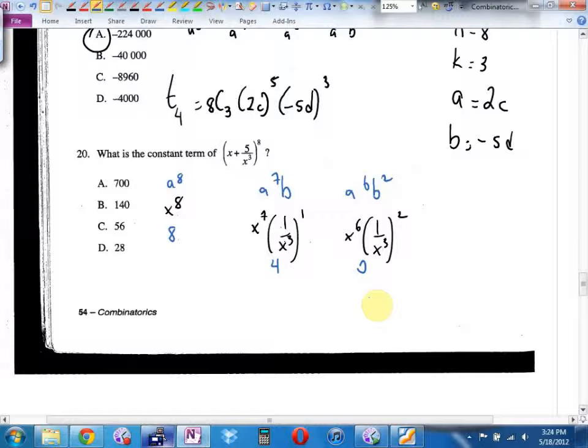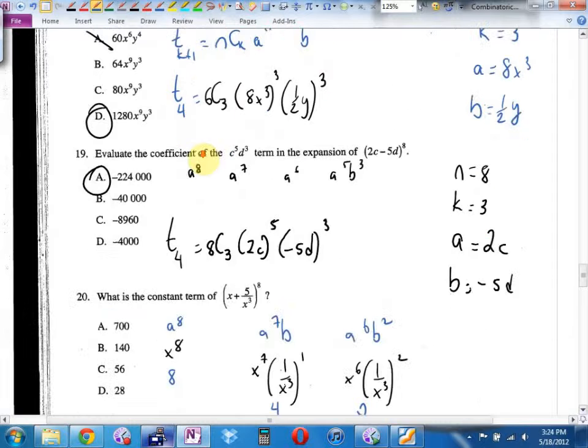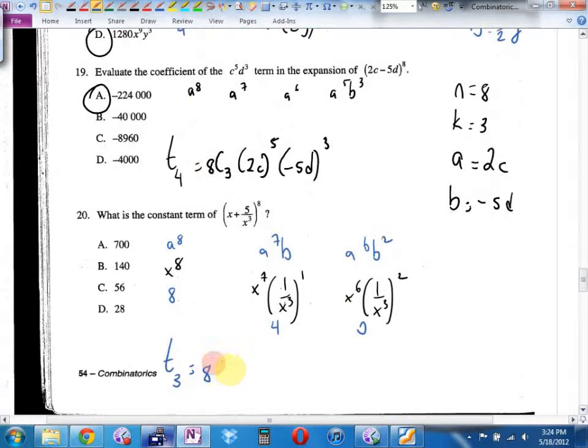Which term? The 3rd. I can use this puppy again. n, 8, choose.